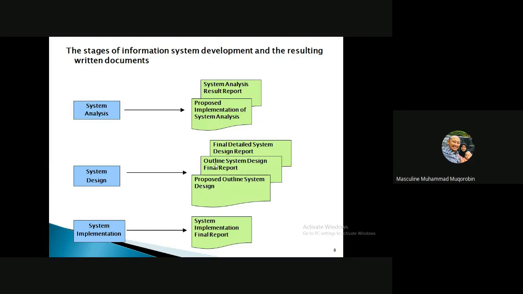System design produces the final detailed system design report, outline system design final report, and proposed outline system design. And system implementation produces the system implementation final report.